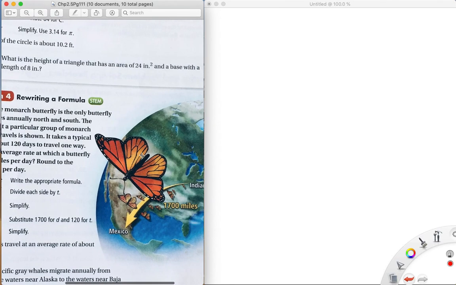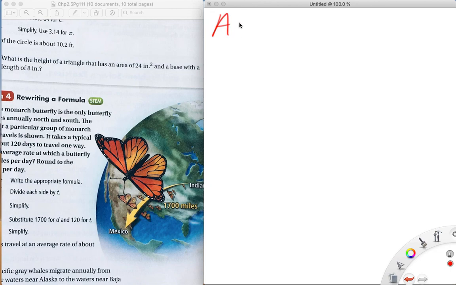Okay. What is the height of a triangle that has an area of 24 and a base of 8? So the area of a triangle is equal to 1/2 base times the height. They want us to find the height, so we need to solve for h.